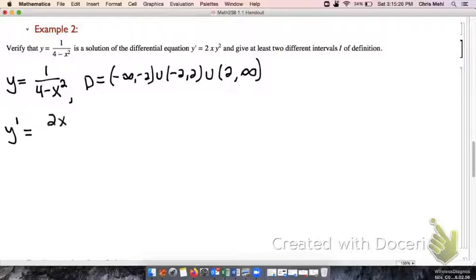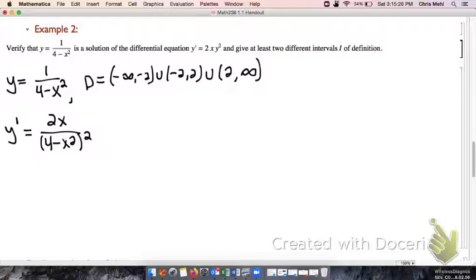It ends up being 2x over 4 minus x squared squared. If you take the bottom function times the derivative of the top, you get 0, minus the top function times the derivative of the bottom, well, minus a negative 2x is positive 2x, and then you divide by the bottom function squared. Notice that this has the same domain. Okay.